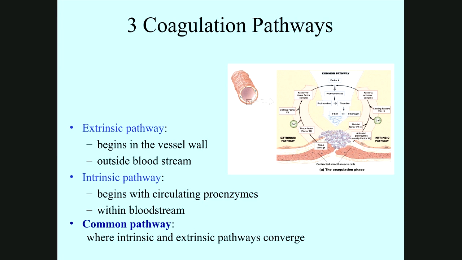The extrinsic pathway, as the word says, happens outside the bloodstream. It involves tissue factors and calcium. By the way, the ion calcium is involved in both pathways, the extrinsic pathway and the intrinsic pathway, which converts to a factor complex, tissue factor complex.